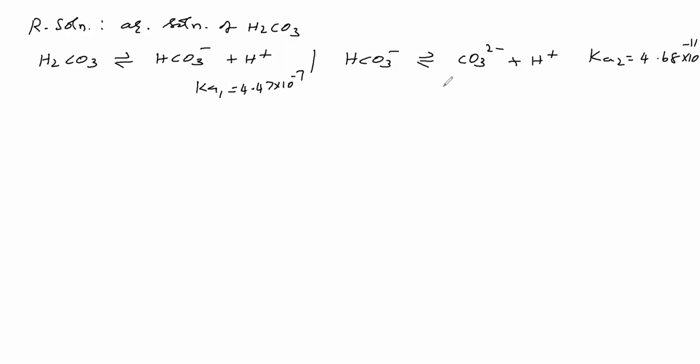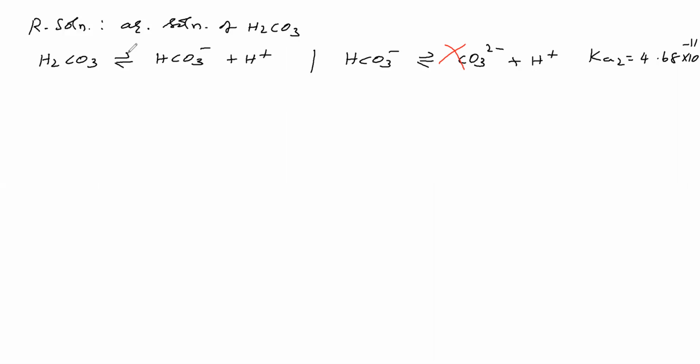So we need not consider this equilibrium to find the concentration of H plus in this resultant solution in order to find pH. So we need not consider the second equilibrium for finding the pH of this resultant solution. So let us take this equilibrium alone.